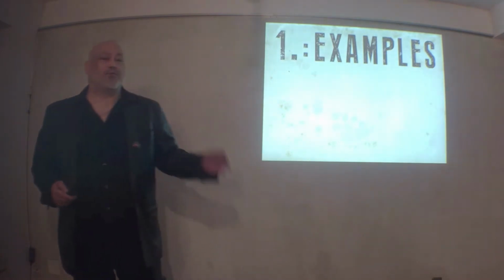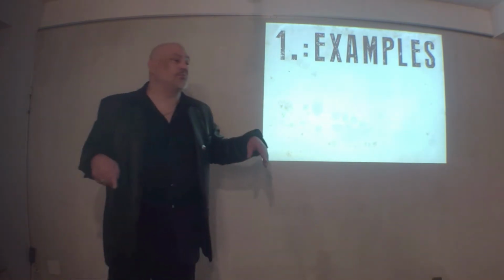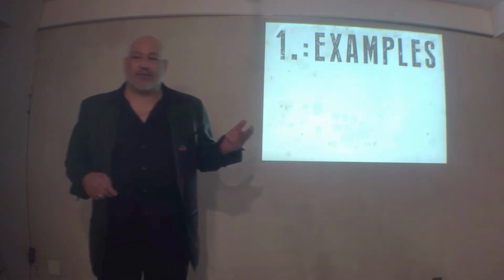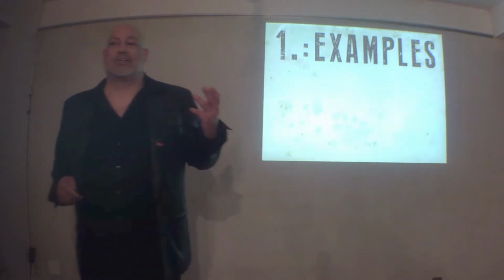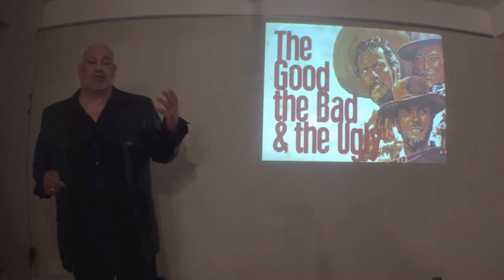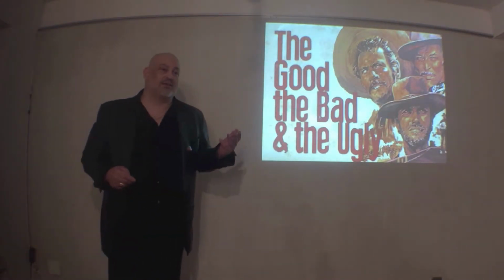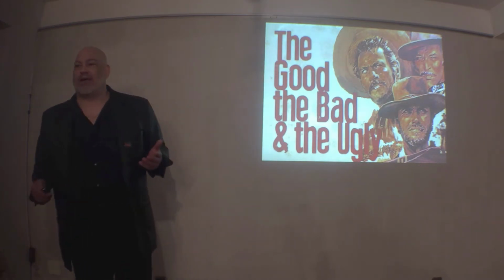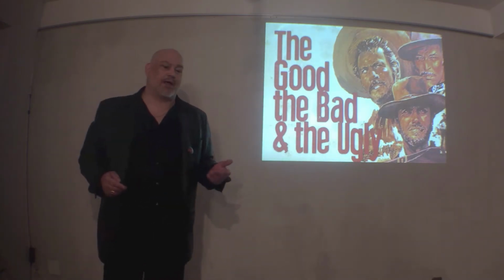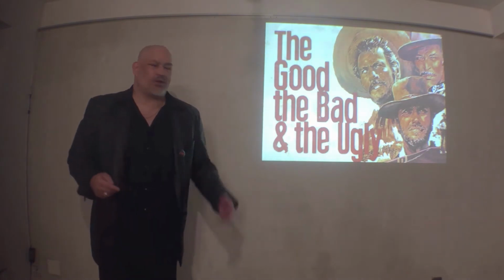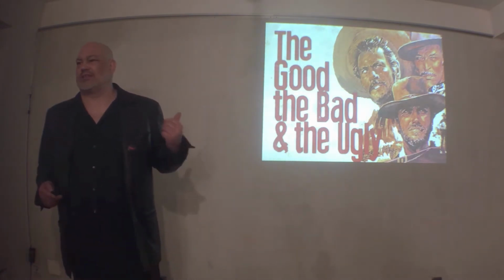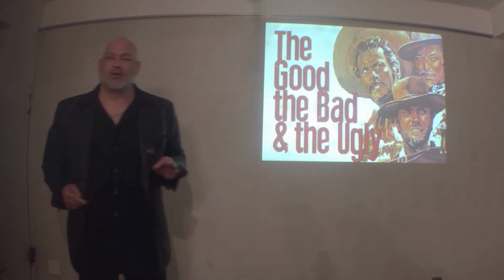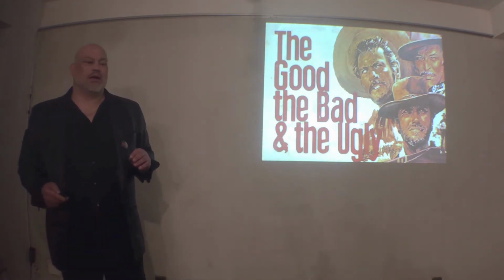This talk is the third of three. The first one was about examples of good, bad, and ugly presentations of data. I picked this Western theme; I'm not really a fan of Western films, but this is a classic, The Good, the Bad and the Ugly, and it fitted data perfectly.